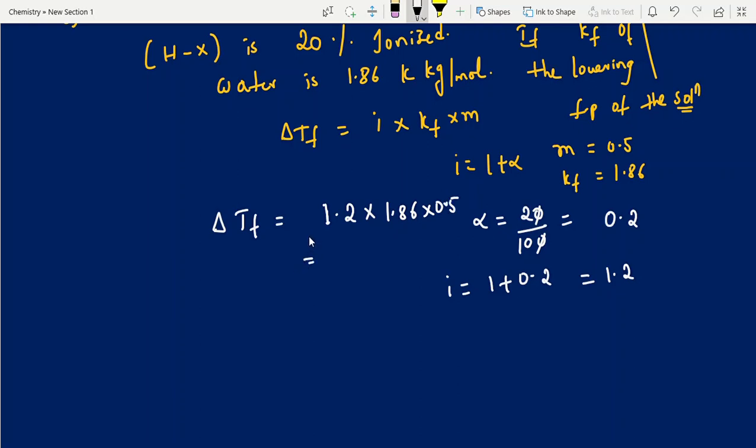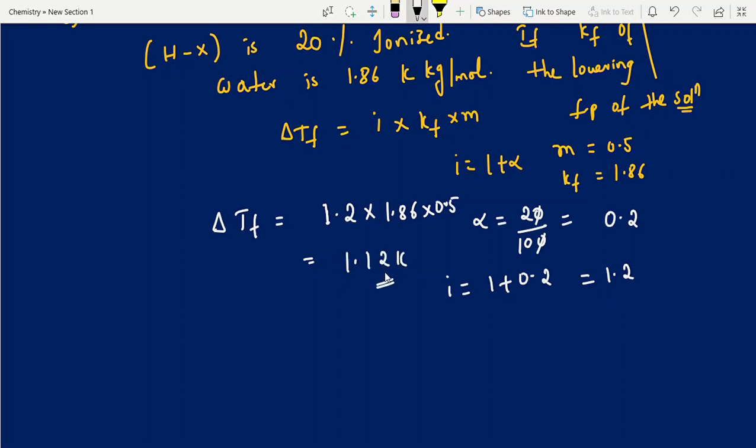What is the answer? Anyone calculated? Can you calculate what is the answer? Anyone got it? Yes, your answer is 1.12 Kelvin. See?